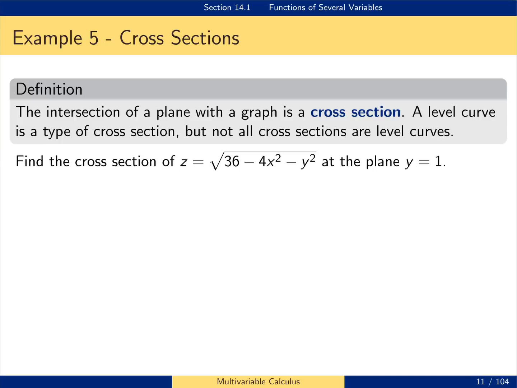If we want to compute the intersection of the graph z equals the square root of 36 minus 4x squared minus y squared, and the plane y equals 1, we just substitute y equals 1 into the equation. The cross-section is z equals the square root of 36 minus 4x squared minus 1.